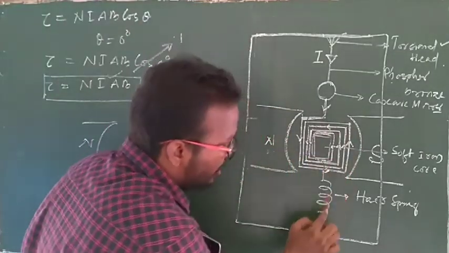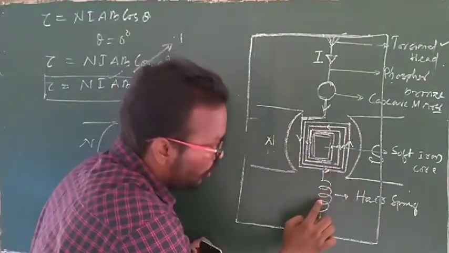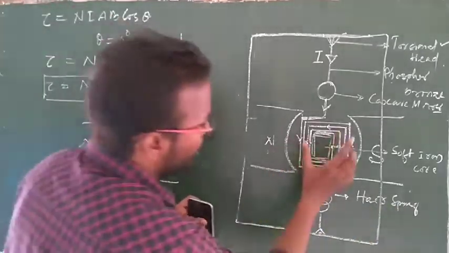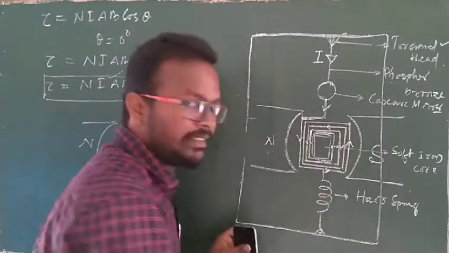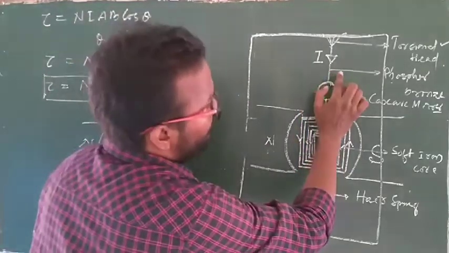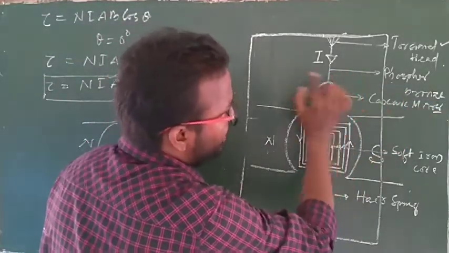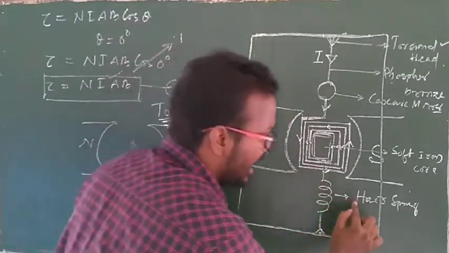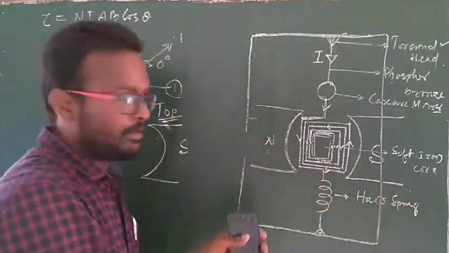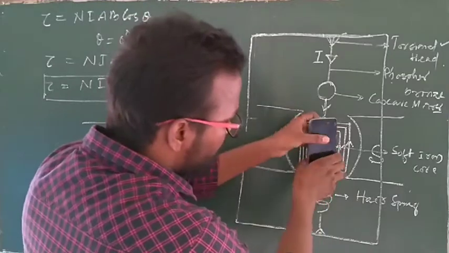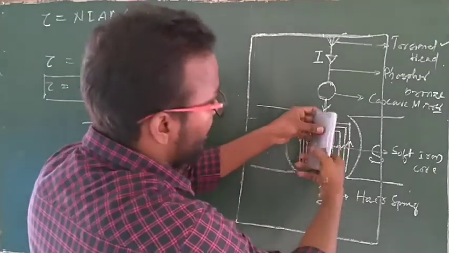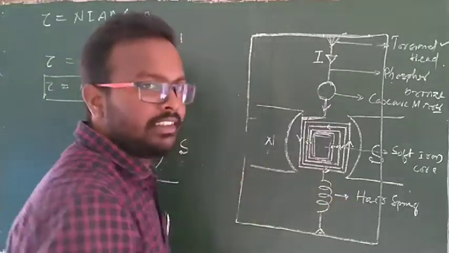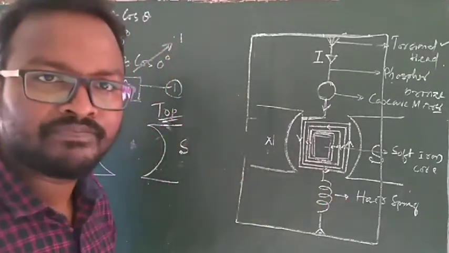And the lower part of the coil is connected with a hairspring, so if the coil rotates inside a strong magnetic field, the phosphor bronze strip gets twisted, and at that time the hairspring gets tight, because the hairspring also rotates in this way and gets tight respectively.